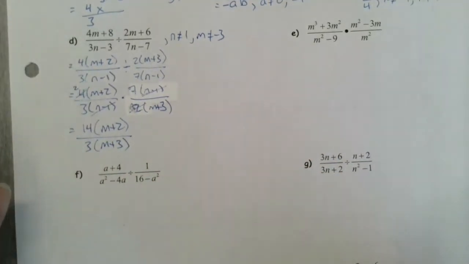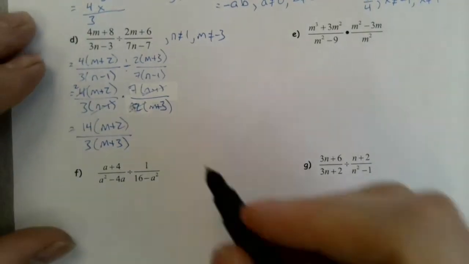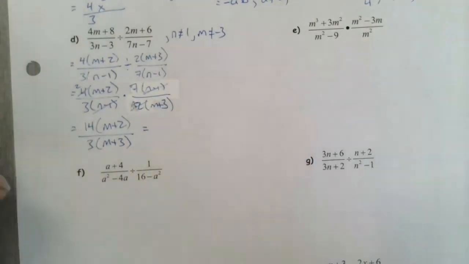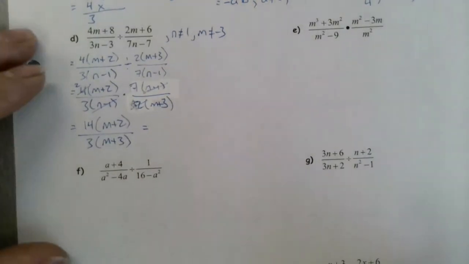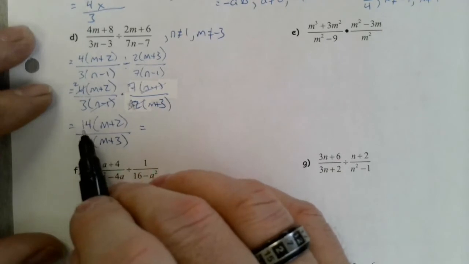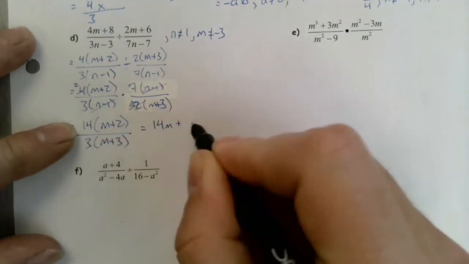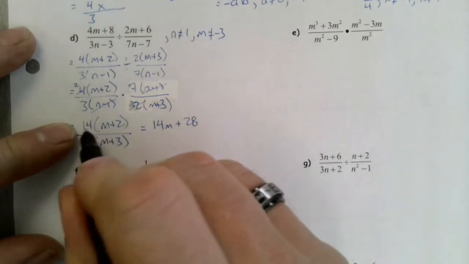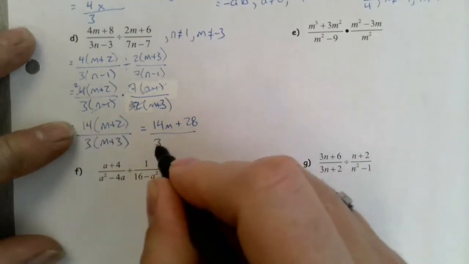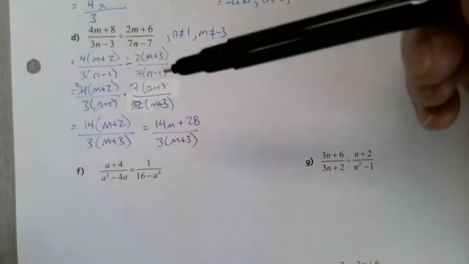Okay? Now, there's really not much else I can do here. Sometimes what you're going to see, and it's not always necessary, it kind of depends on who your instructor is, is that we get people to expand the numerator. So we're going to multiply the 14 through, but we will typically leave the denominator factored, and there's a reason for that.